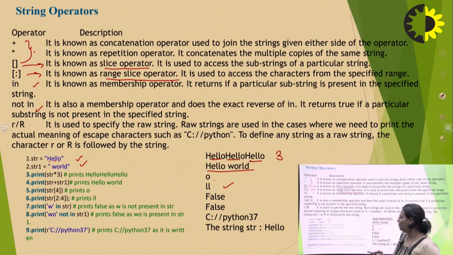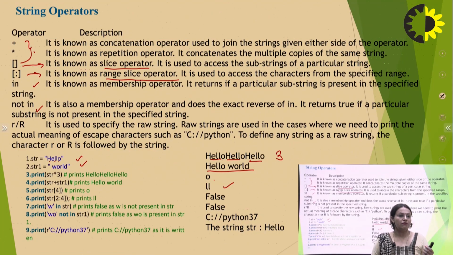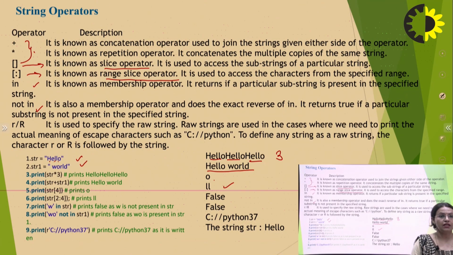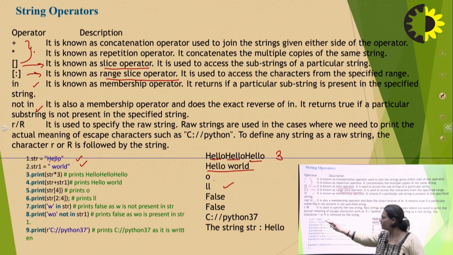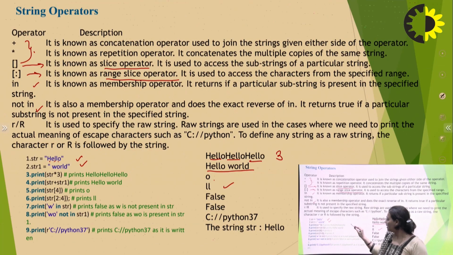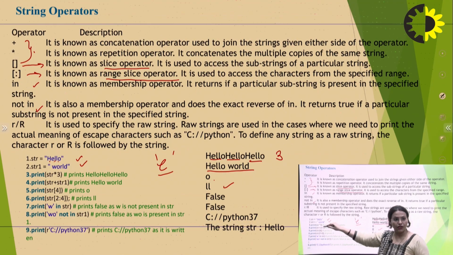Now the next operators are in and not in. These are the operators which represent whether a substring is in the string or not. That means if I say hello is a string, then can I say that e as a substring is present in this string or not?